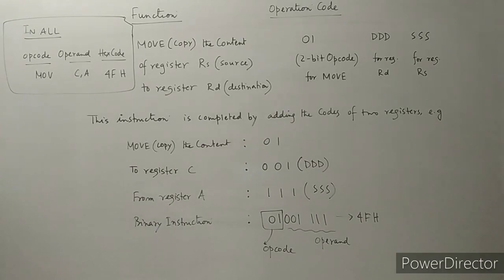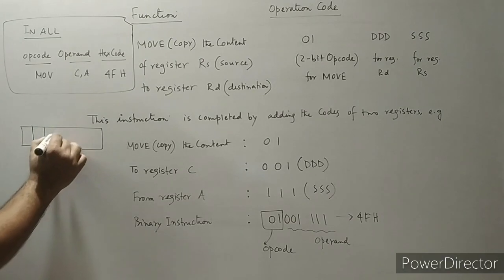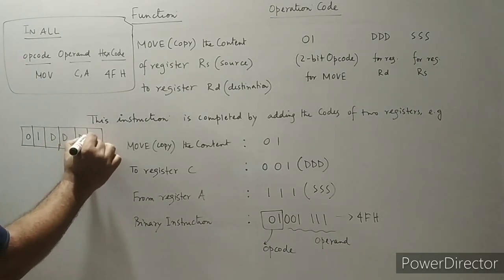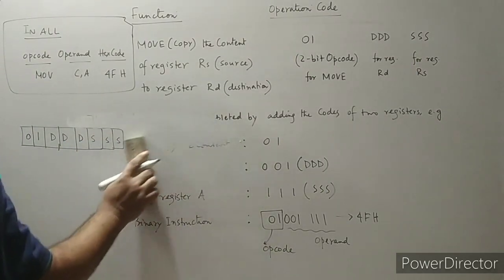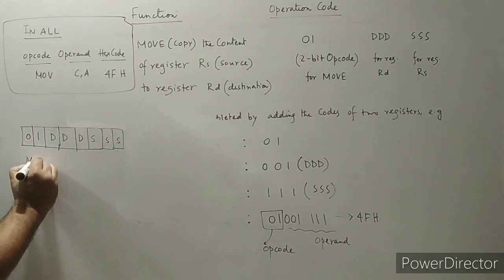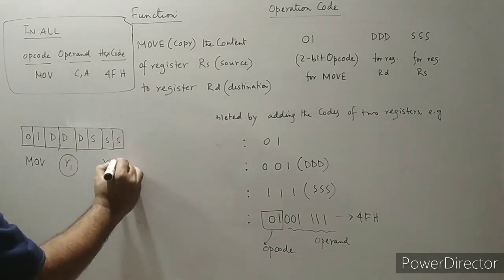Typically in the 8085 user's manual, the data transfer or copy instruction can be written as: move, then register 1, then register 2.